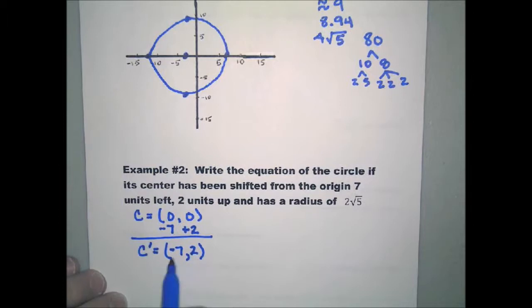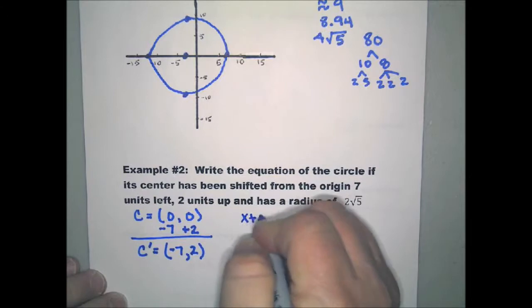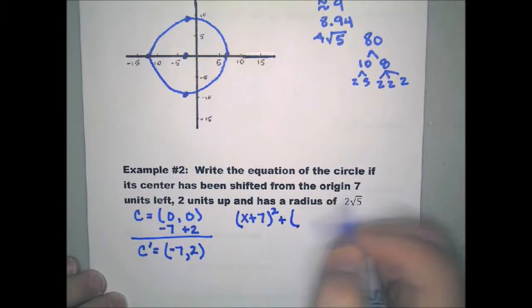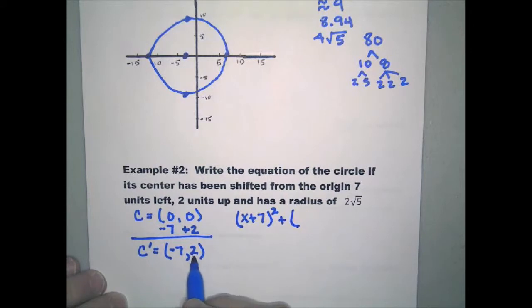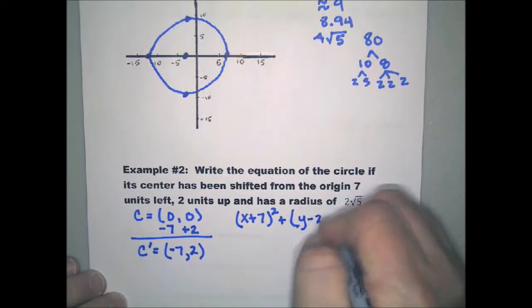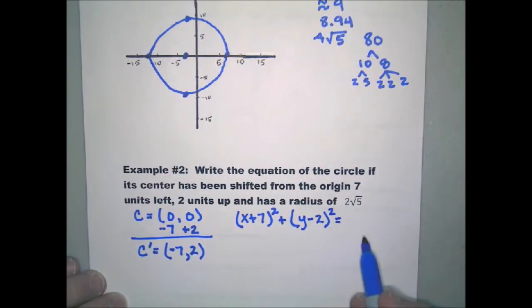Well, in order for having an x value of -7, it has to be x plus 7 squared. In order to have a y-coordinate of +2, it has to be y minus 2 squared. Now I have to have it equal something, and this is always r squared.